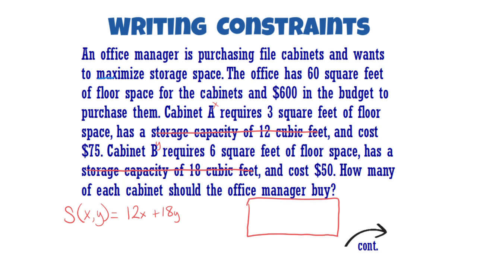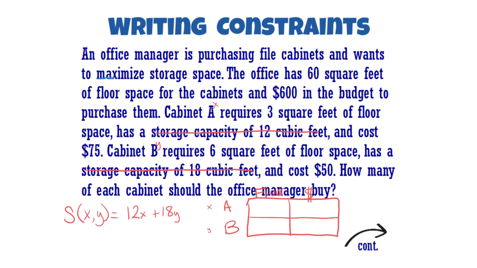And I've got cabinet A, which remember we called X, and I've got cabinet B, which we called Y. And let's see what we can fill in. Ooh, I did not leave myself much room to write this, sorry. Cabinet A, okay, so I've got floor space. So I'm going to write here, this is floor space. You're doing it on the next page, so that'll work out better for you. And then I also have the cost. So let's fill in the chart.